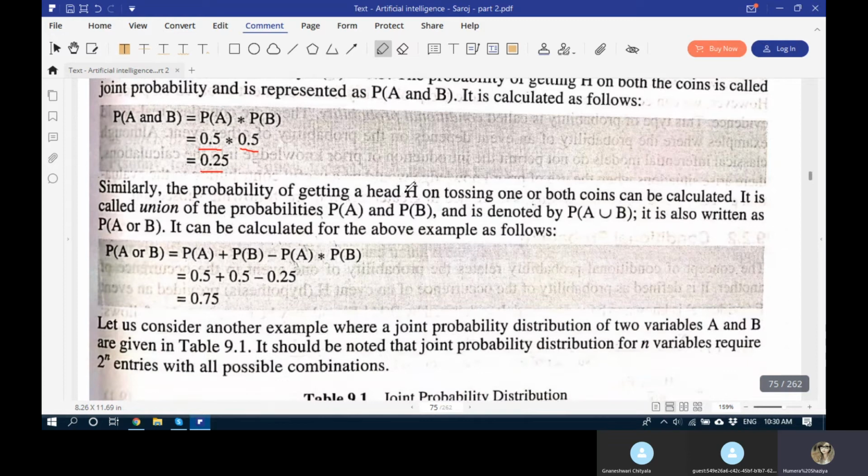Probability of getting head on tossing one or both coins can be calculated as the union of the probabilities.